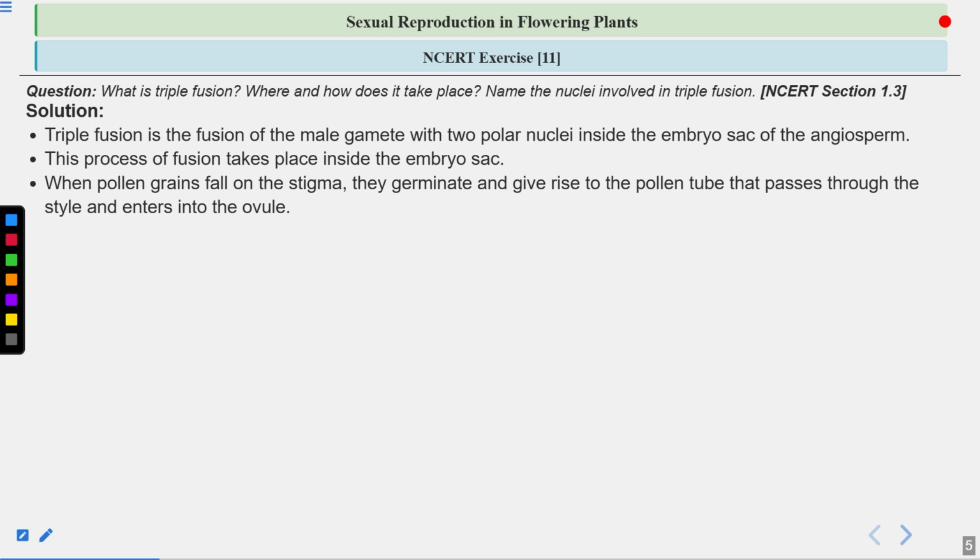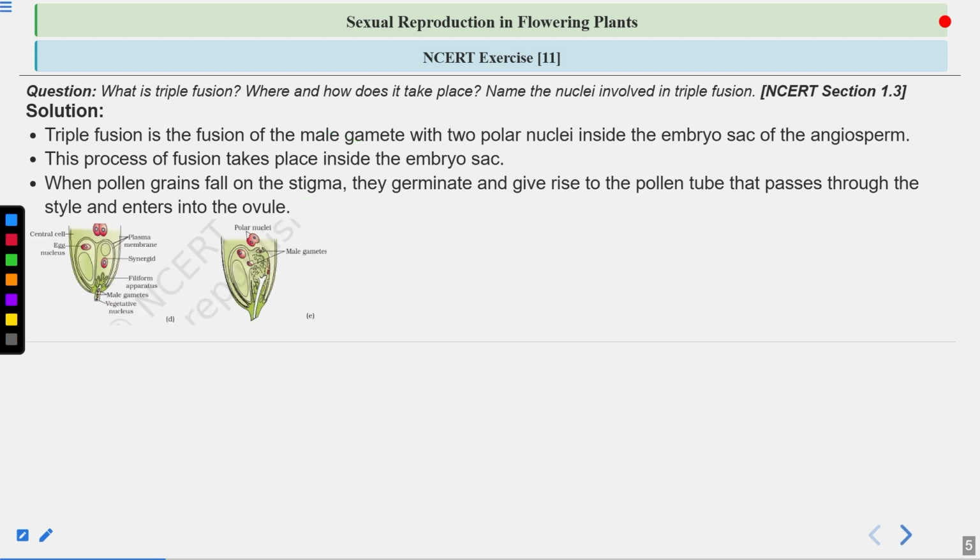When the pollen grain falls on the stigma. So here we are going to study how it takes place. This is the second question. Where and how does it take place? So when the pollen grain falls on the stigma, it germinates. There are germ pores, and the germ pores give rise to a pollen tube.